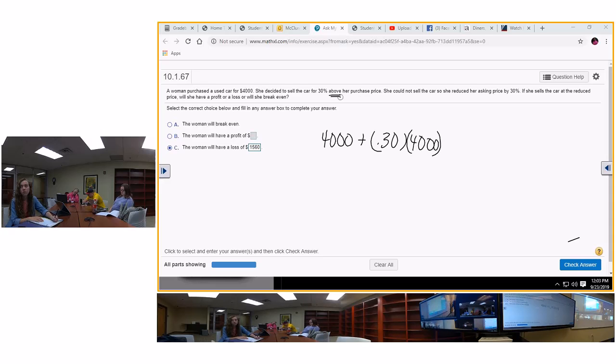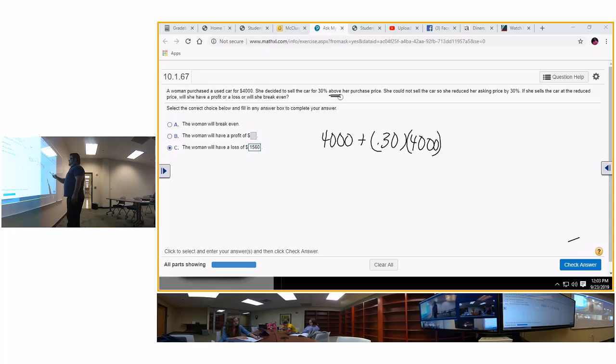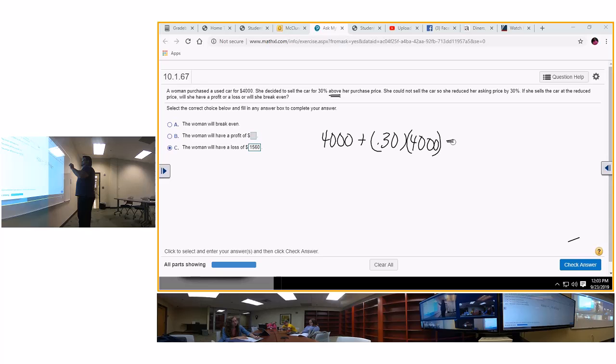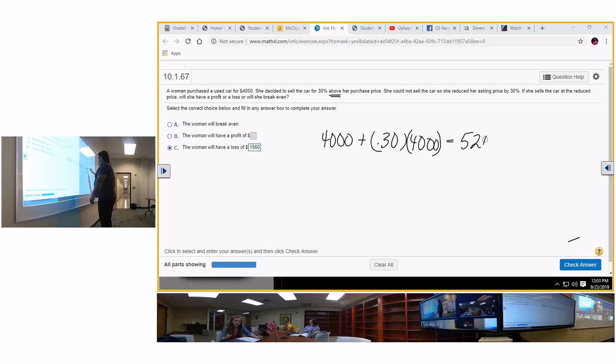More, above, yes. Let's see if I can do this in my head. 10% of 4,000 would be 400, so 30% would be 1,200. So that'd be 5,200. Somebody check my math. That's right. So now the selling price is 5,200.